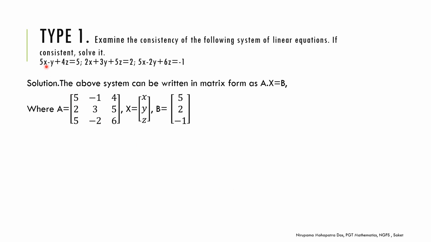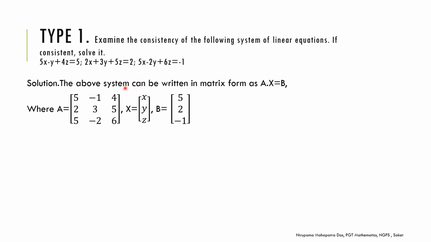So here you see first equation, the coefficients of x, y, z are 5, minus 1 and 4 respectively. So we have taken 5, minus 1, 4. Similarly, second equation you see 2, 3, 5 we have taken in second row. Third equation 5x minus 2y plus 6z, coefficients are 5, minus 2, 6. We have taken these in third row.